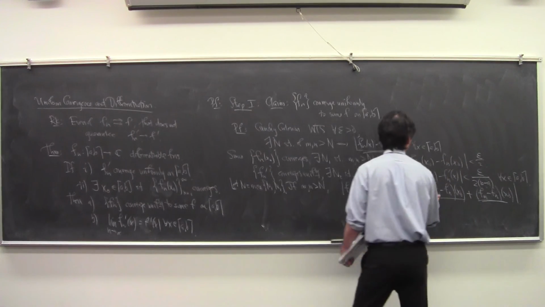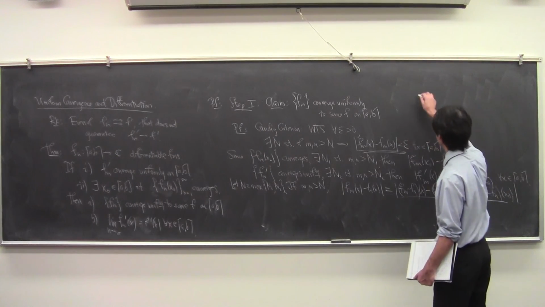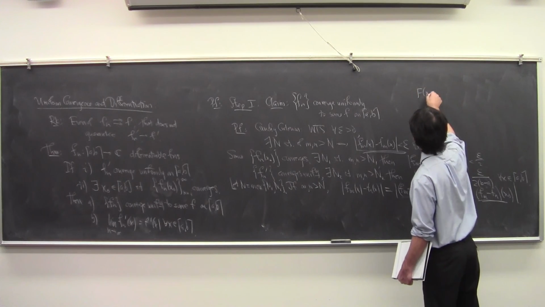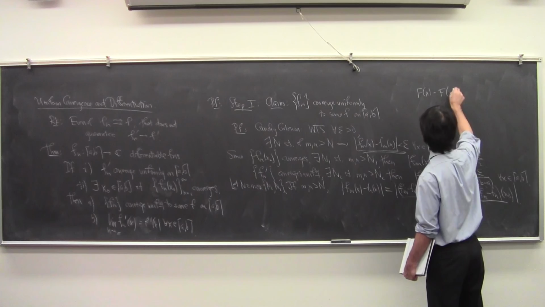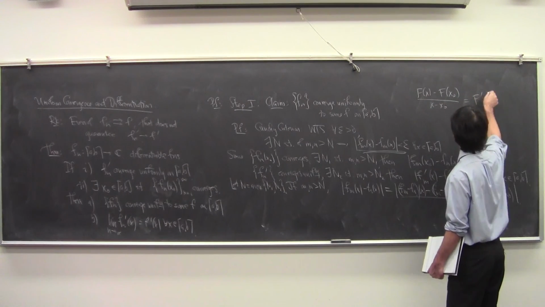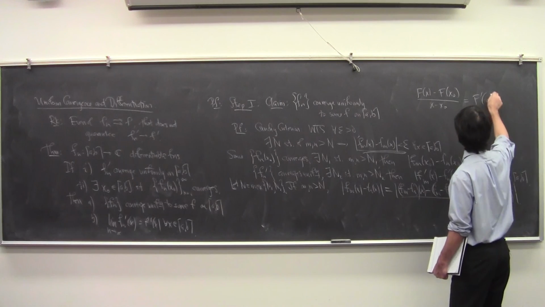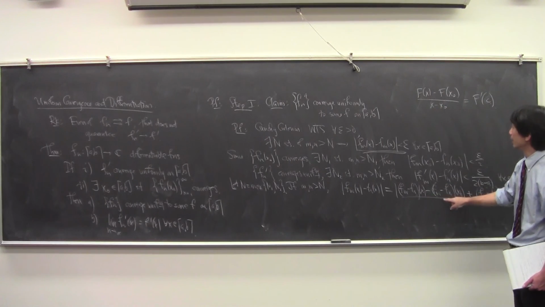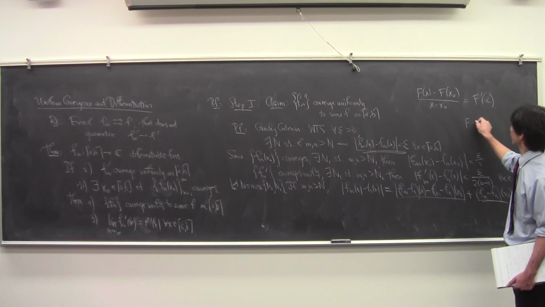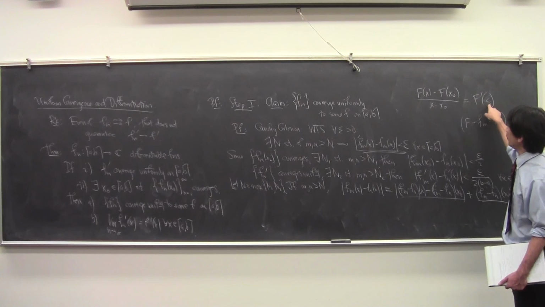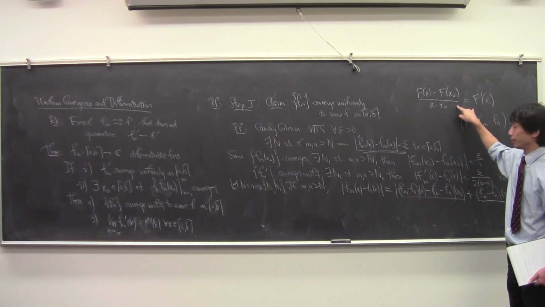Okay. So what does the mean value theorem say? It says that between x and x0, there's going to be some point c where this holds true.